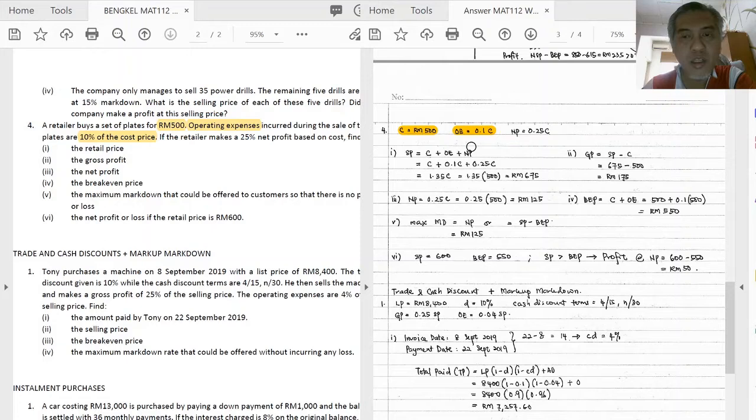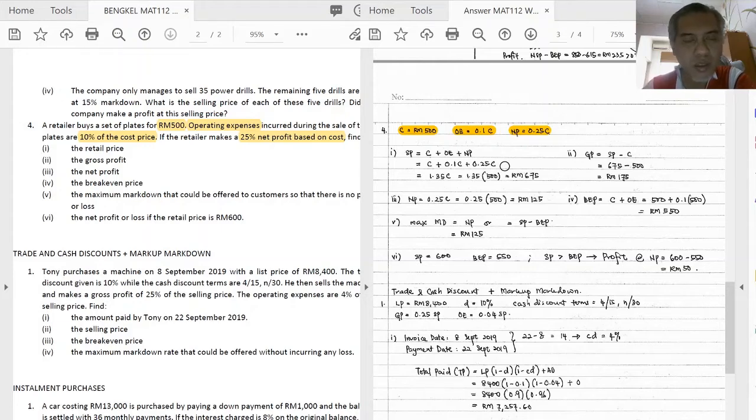So 10% is equivalent to 0.1 of the cost price, that is C. So that's why you have here 0.1C. And then the last information that you have here is that 25% net profit is based on cost also. So you have 25% net profit based on cost. So you can rewrite this information into NP equal to 0.25C, which is the cost price.